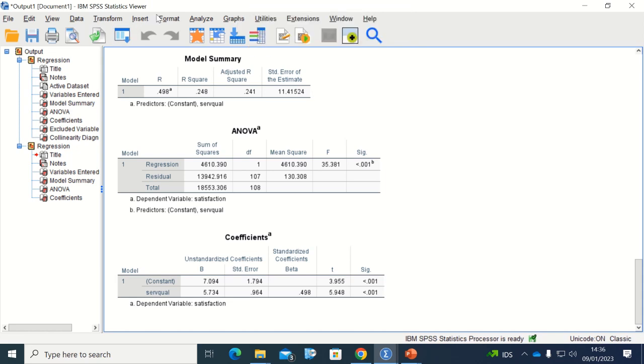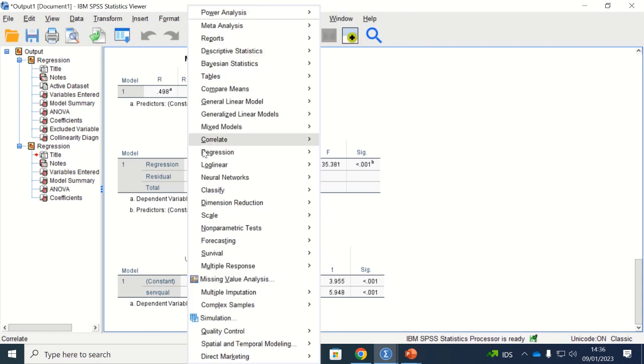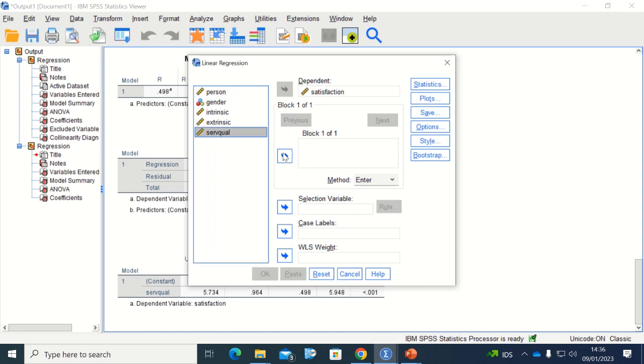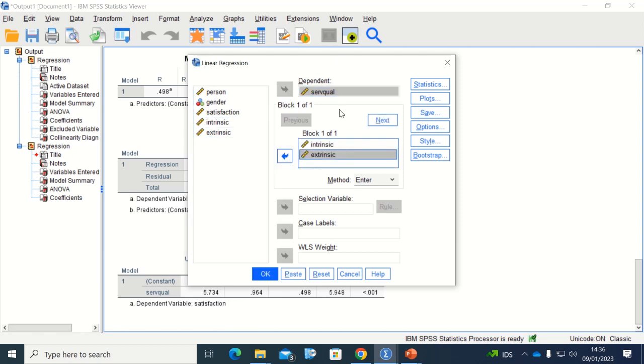And then, actually you're supposed to put in serve qual as your dependent, with intrinsic and extrinsic as the independents. If this becomes significant, then you will see that serve qual subsumes the effects of both extrinsic and intrinsic, and that's why it becomes insignificant when the mediator is added in.